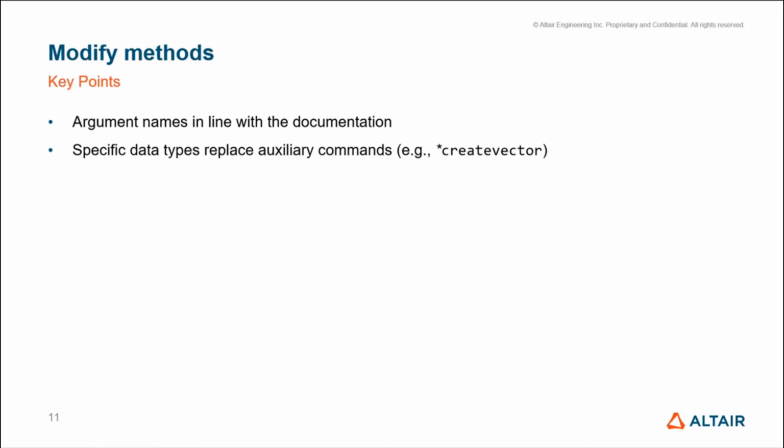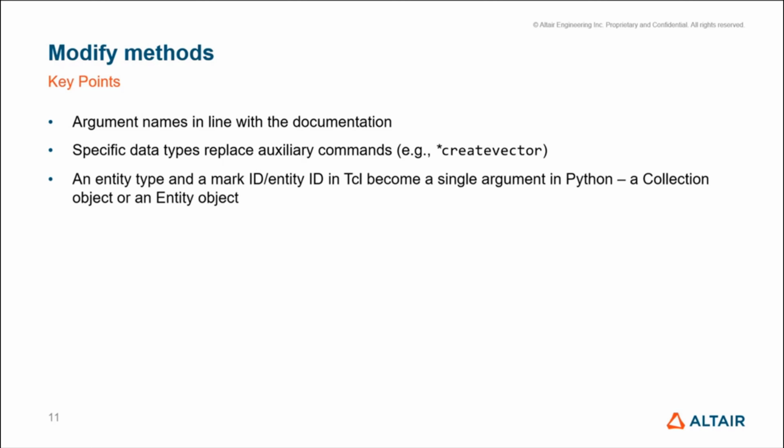And there are a few differences or improvements in the Python world. In TCL, there are many situations where you need to use helper commands, such as create vector. That's all gone. In Python, we simply rely on specific data types that the user defines as arguments. So the workflow is more streamlined and feels more natural.